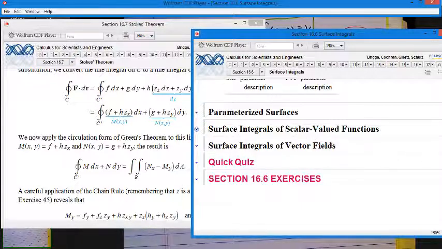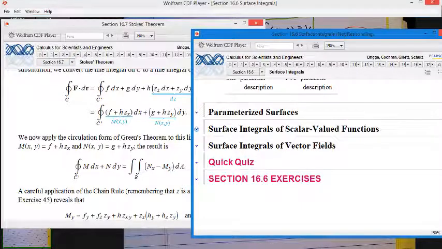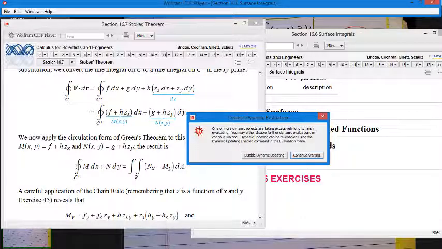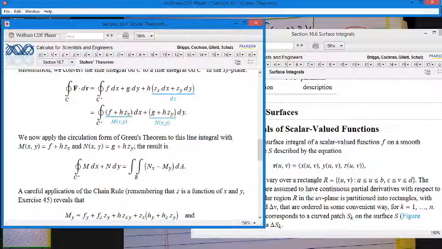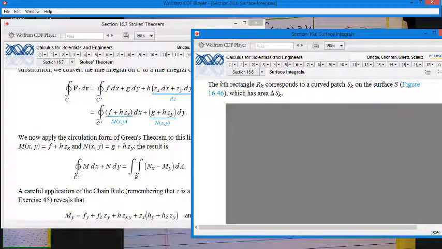This is where I wrote down n for my normal vector. Your book writes down t, I think, and they'll write tu and tv. I want to show you this because you'll need it when doing the homework.